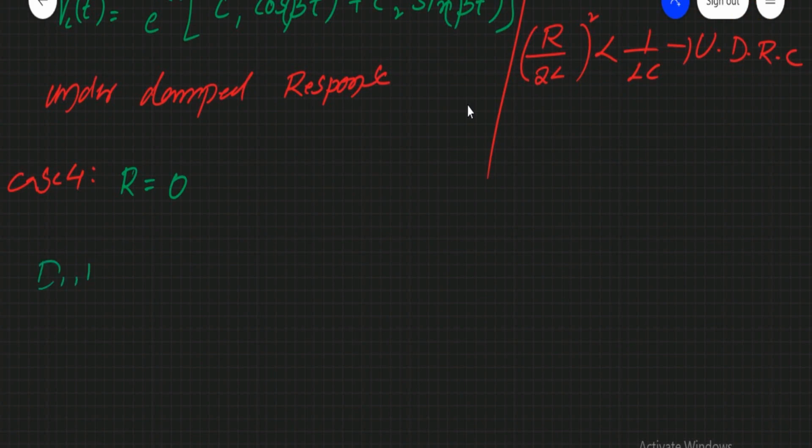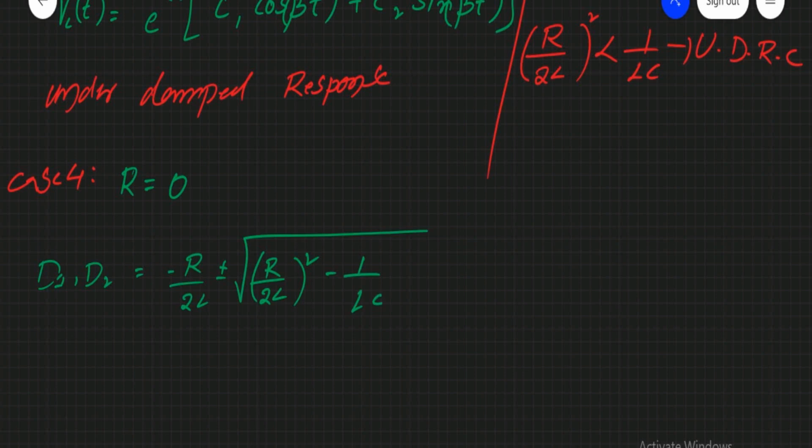D1, D2 is equal to minus R by 2L plus or minus under root of (R by 2L) whole square minus 1 by L into C. If R is 0, the first terms become 0, and you get minus 1 by L into C, that is j square times 1 by LC. So D1 is equal to j into under root of 1 by L into C.